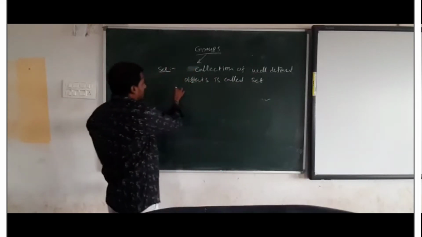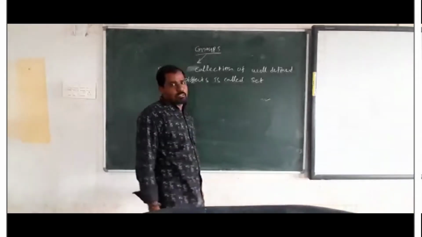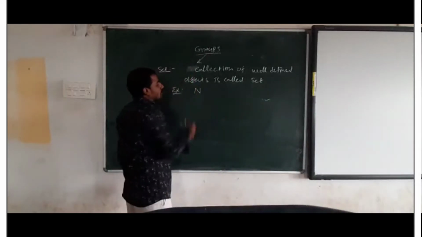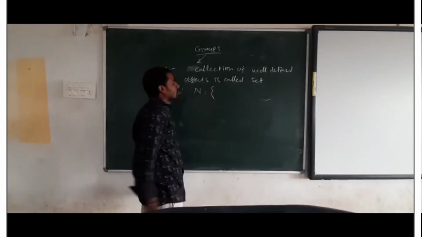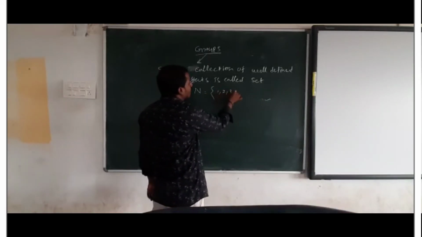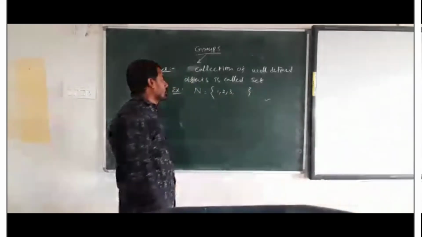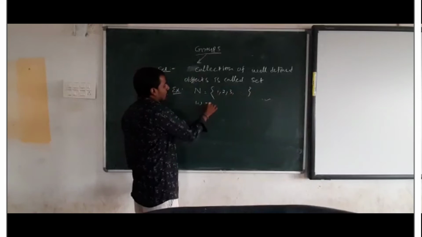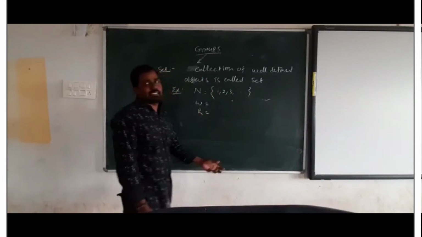Now examples. We know the natural number set, that is N. N equals the set of 1, 2, 3, and so on. This is called a set. Whole numbers and rational numbers are also examples of sets.